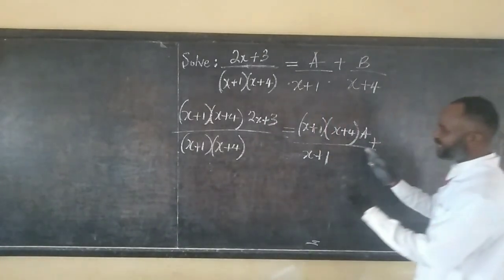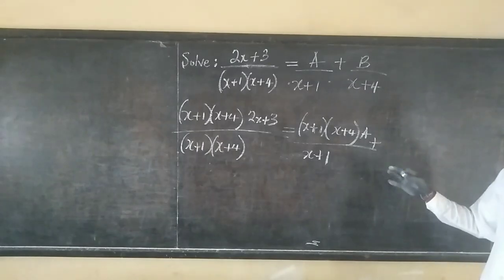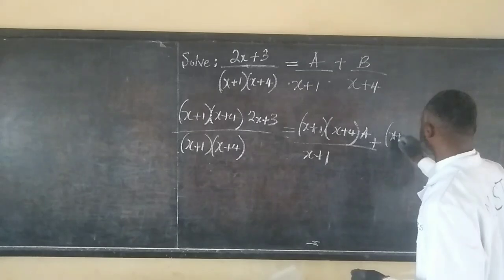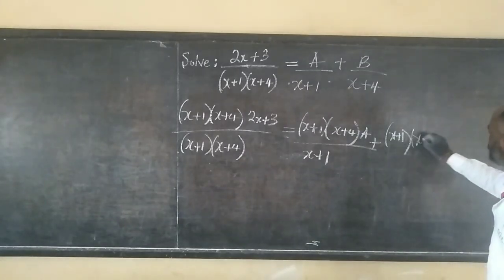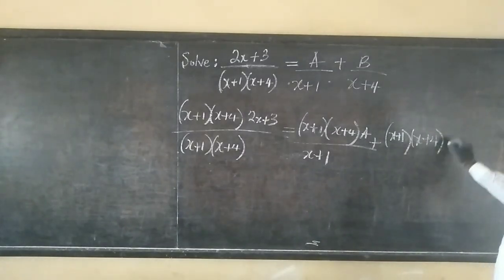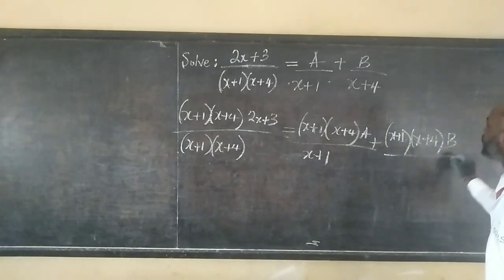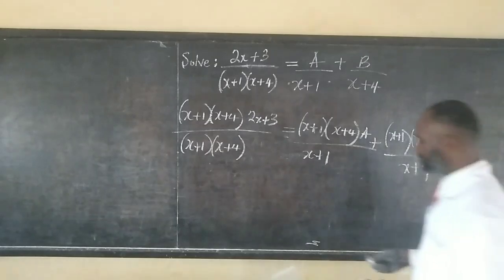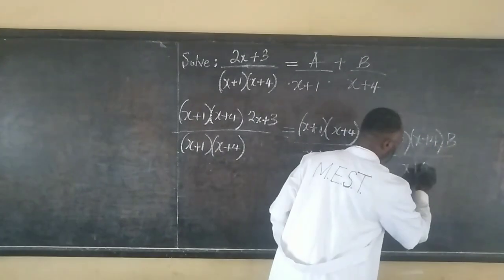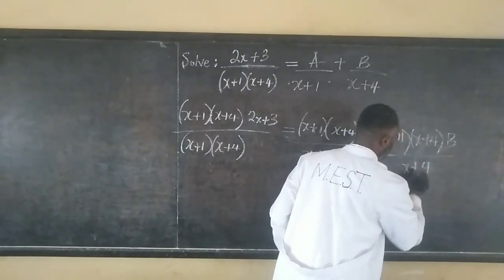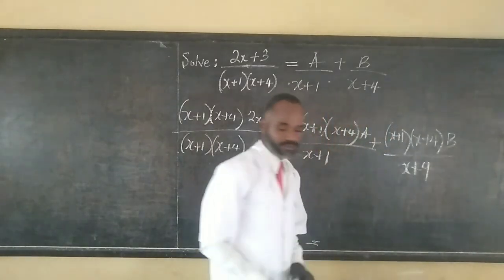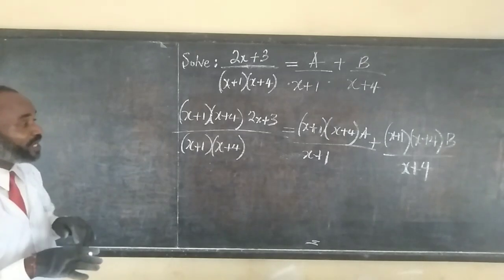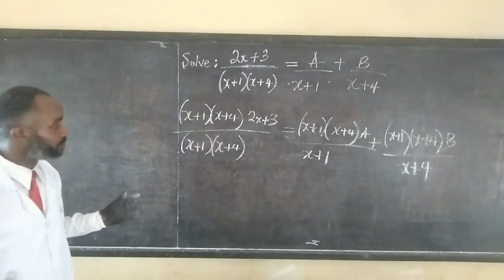We continue to maintain that. So we have the same thing here, bracket open, x plus 1, bracket close, x plus 4, and we have B all over x plus 4. That is it. This is plus 4. Good. If you have done this, the remaining steps are very simple.